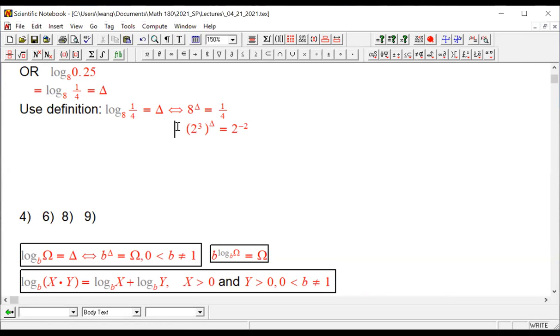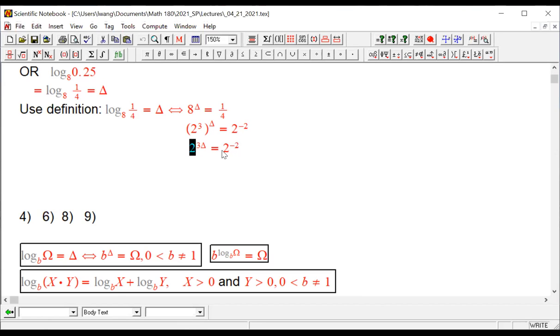These are very basic exponent operations, isn't it? And then what do you get? You get 2 raised to the power of 3 times that triangle, and that equals 2 to the power of -2.